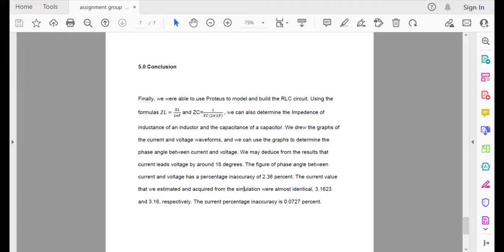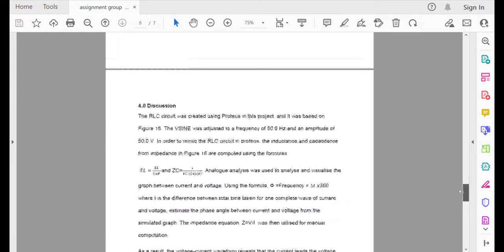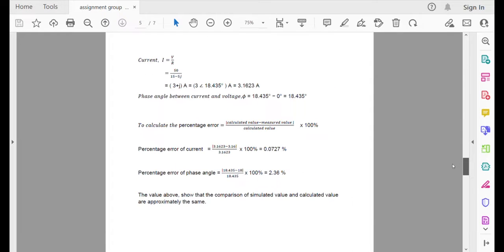The current value that we estimated and acquired from this simulation were almost identical, 3.1623 and 3.16 respectively. The current percentage inaccuracy is 0.0727%. As we got the percentage error of current and the percentage error of phase angle, as I mentioned before.